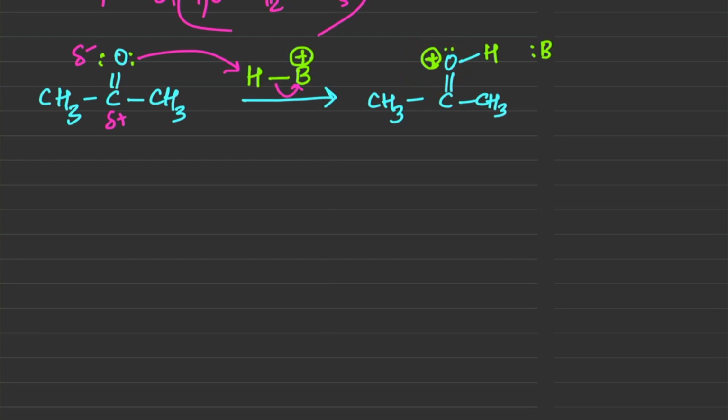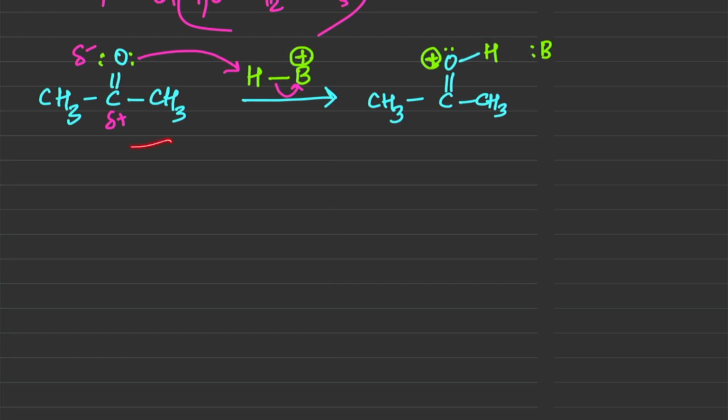Well, there are a couple of ways you can neutralize it. You can neutralize it by getting rid of this proton that you just added. You can say, I'm positive right now, so I'm just going to give up my proton to go back to neutral. It will bring the electron back towards oxygen, and the proton will go towards the B. So you get back your neutral species.